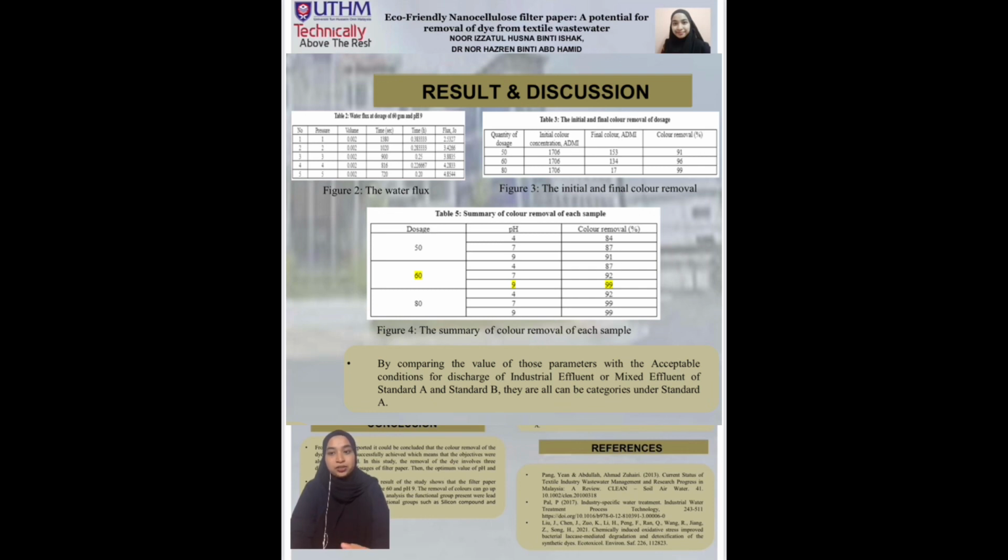As we compare the parameters of the filtered wastewater sample with the industrial effluent or mixed effluent standard, the values were all compliant with the standard. And if you analyze the summarization of the color removal, most of the filter paper dosages and pH applied are capable of removing some of the dye effluent in wastewater.